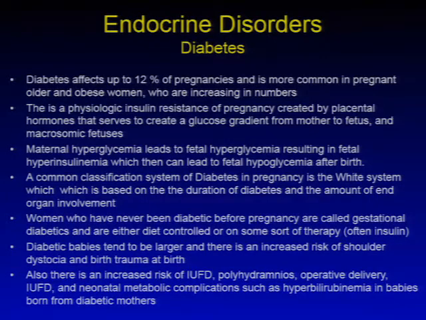Diabetic babies tend to be larger and therefore associated with the higher risk of shoulder dystocia and birth trauma. Also, there's an increased risk of intrauterine fetal demise, polyhydramnios, operative delivery, and neonatal metabolic complications such as hyperbilirubinemia in babies born from diabetic mothers.